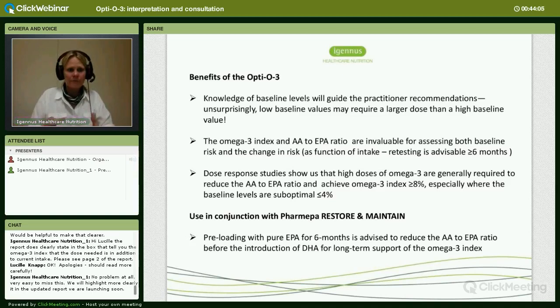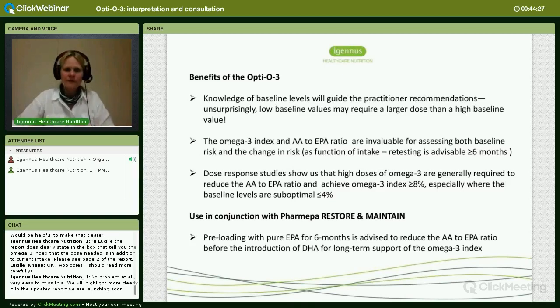People can see what their levels are, and it encourages them to stick to the protocol. And then when they retest after between six months and a year, they can see not only improvements in symptoms, but also improvements in their biomarkers.